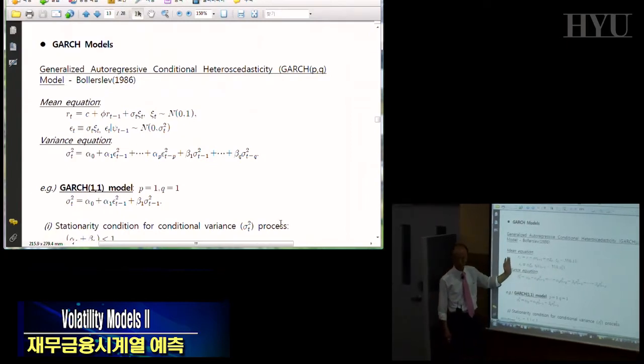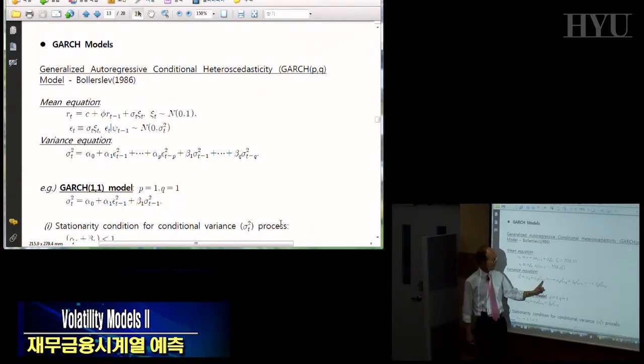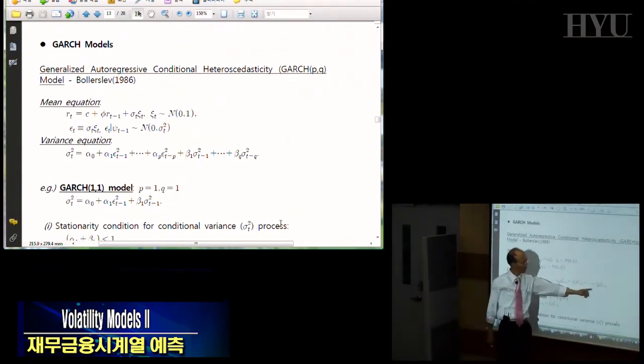So nothing fancy. And the rest of the part is, well, let's say stock return has an autoregressive structure. Okay? And what else? Well, it could have lags up to p. So p could be 0, 1, 2, up to some number p. And q is 1 up to q.